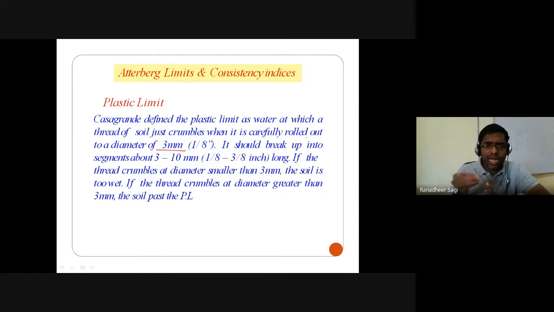So in such a case, add some more water to that soil, once again prepare a ball and start rolling it into the form of a thread, and see that at 3 mm diameter, the crumbling starts on the surface of your soil thread. Then the corresponding water content existing in that soil, you can determine by placing it inside the oven to know the water content existing in that soil sample, which we call the plastic limit value of the soil.